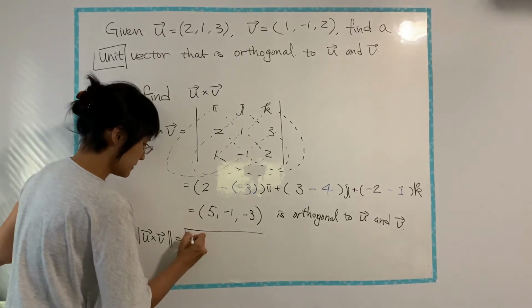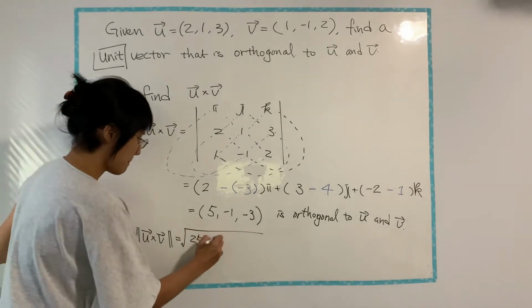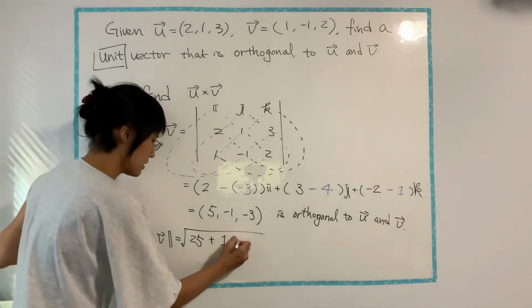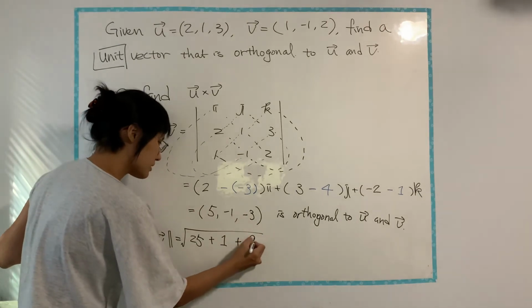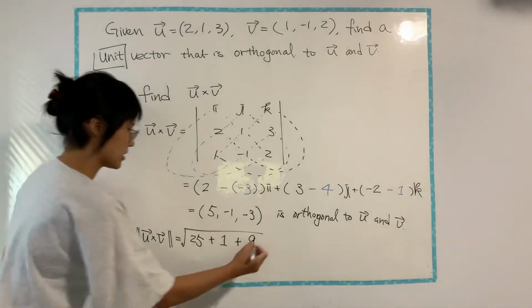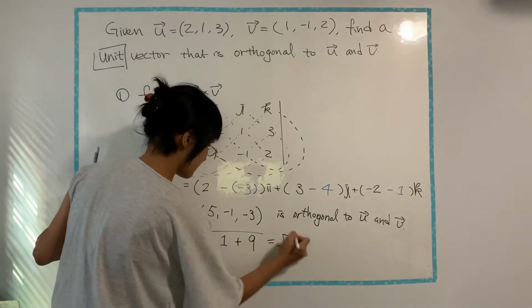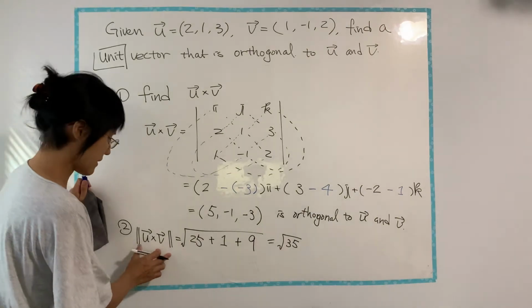So that's 5 squared plus negative 1 squared plus negative 3 squared. Summing all together, I get the square root of 35. The length of this vector is root 35.